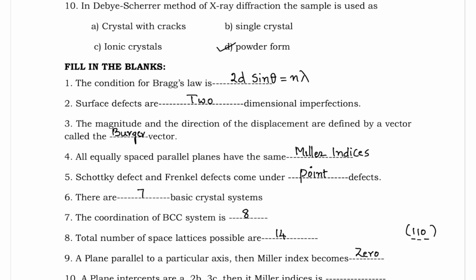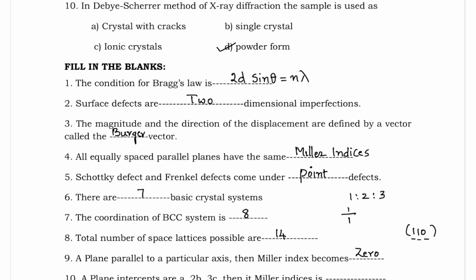Next problem. The intercepts are a, 2b, 3c, then the Miller indices value is? The intercept ratio is 1:2:3.